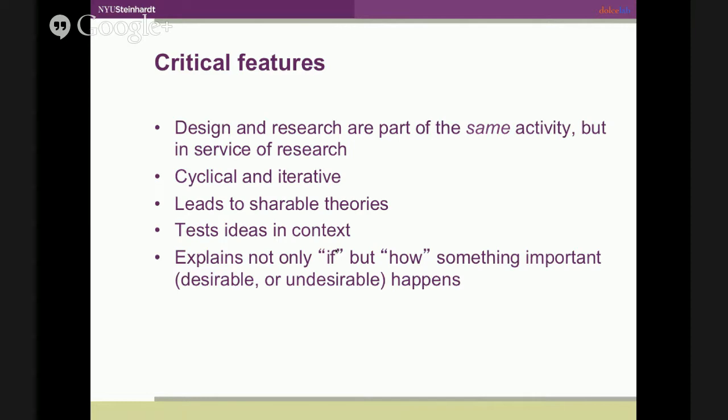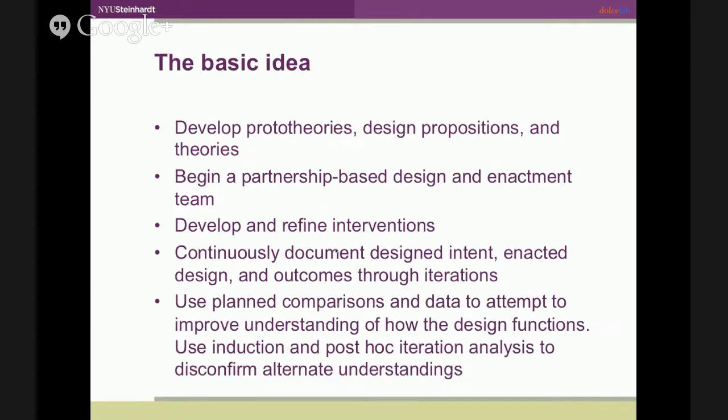And also this idea of explaining not only if but how something important is happening. And I think that's one of the best heuristics to tell DBR from evaluation: is there an aim to generate explanatory knowledge, or is there an aim to develop evaluative knowledge?